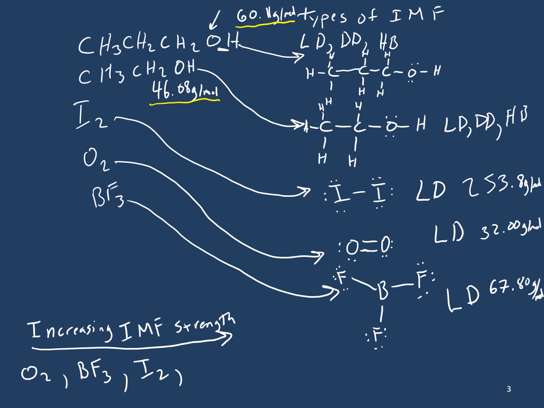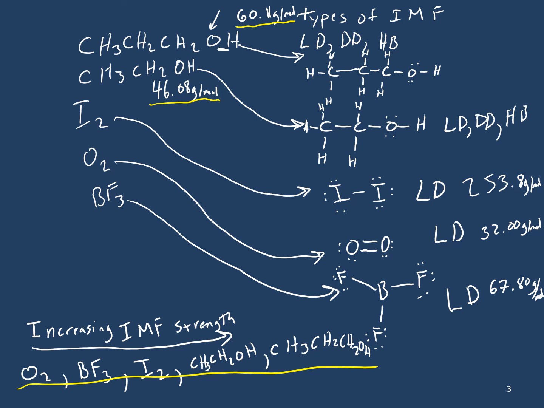So because the molar mass of CH3CH2OH is smaller, it's the next one in terms of strength. And then our final and strongest one is CH3CH2CH2OH.